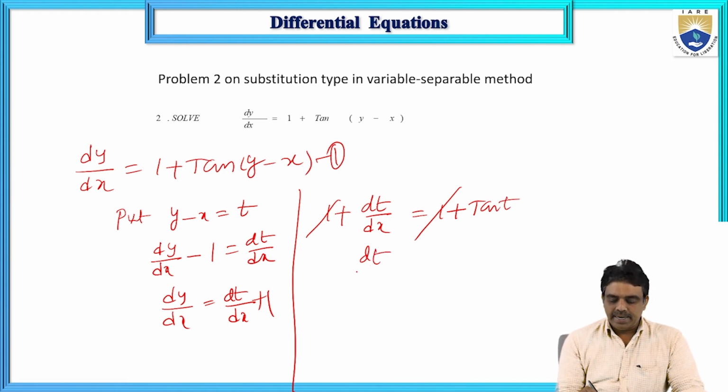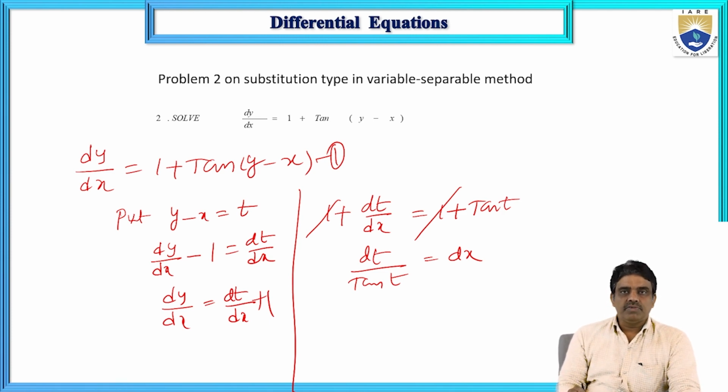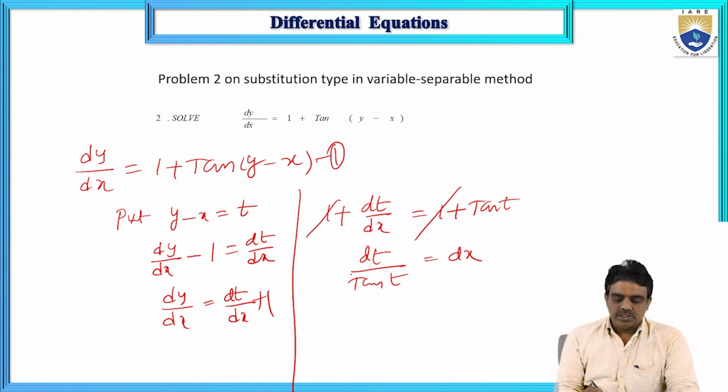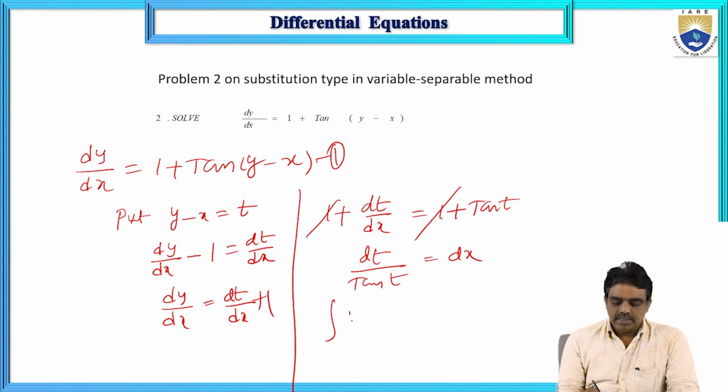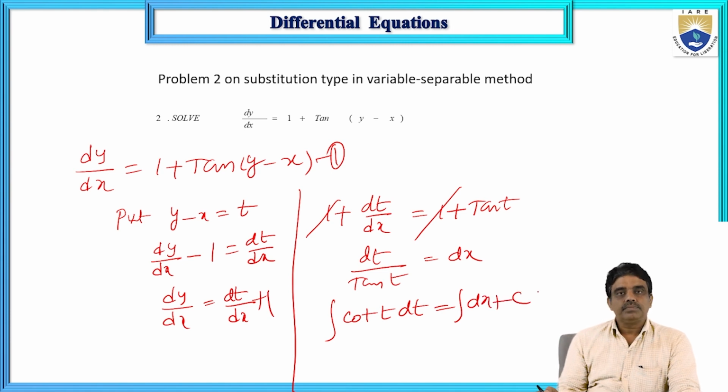So 1 gets cancelled. Then dt by tan t is equal to dx. This is the separation of variables, already done. On integrating both sides, we get integral of 1 by tan t, that is cot t dt, is equal to integral dx plus c.